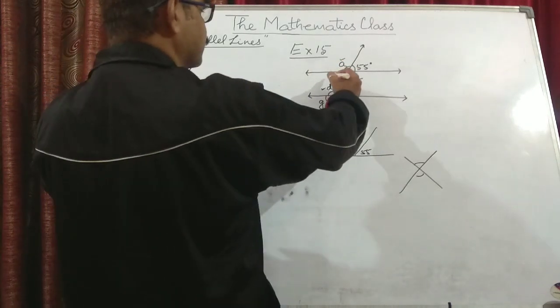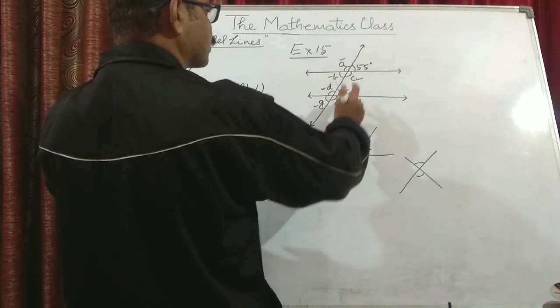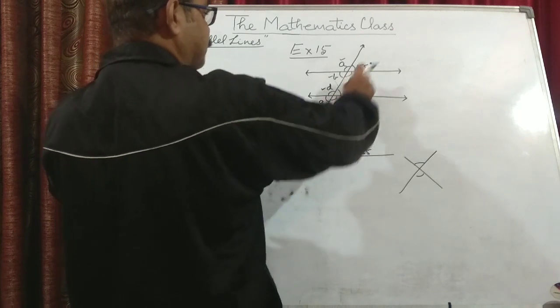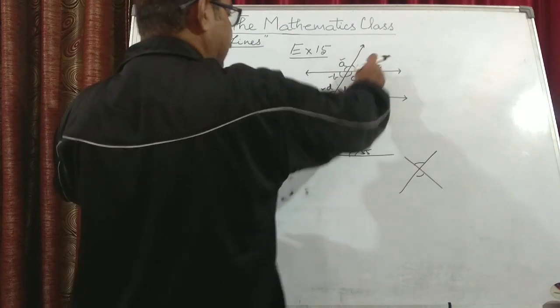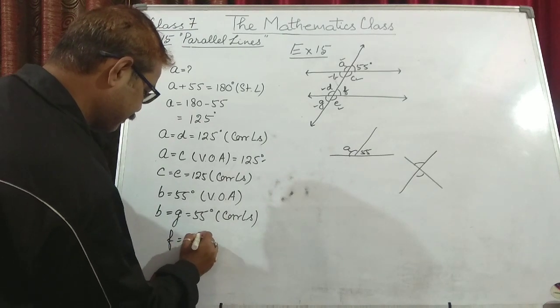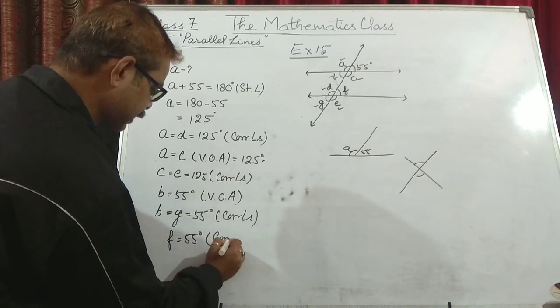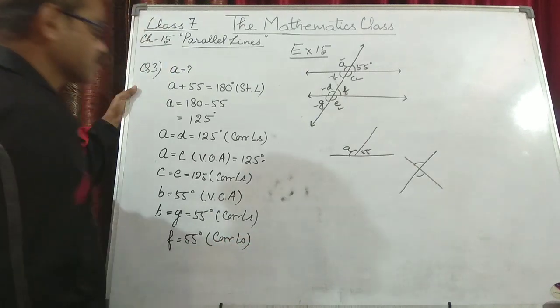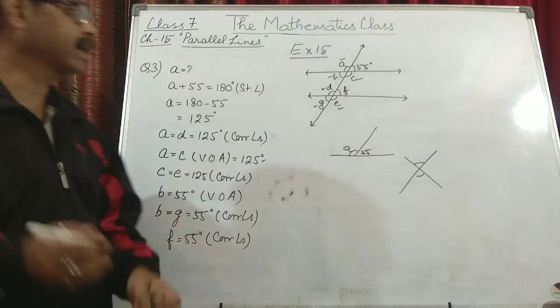We have done B and G. Now only F is left. F and 55 are corresponding angles, so F is equal to 55 degrees, as we have studied right now.